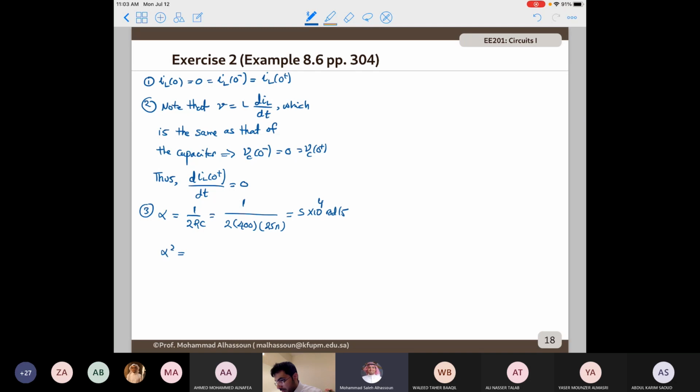So alpha squared is going to be 25 times 10 to the power 8 radians squared per second squared. Omega naught is 1 over the square root of LC, or let's say omega naught squared is 1 over LC, and this is going to give me 16 times 10 to the power 8 radians squared per second squared.